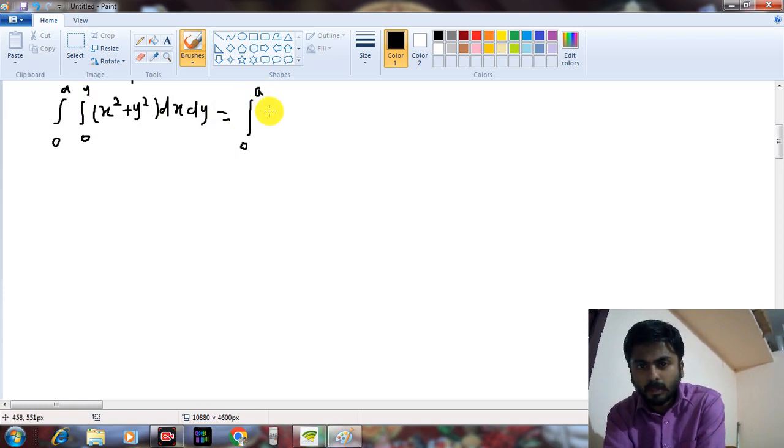The inner integral of x square dx will become x cube by 3 plus x y square.